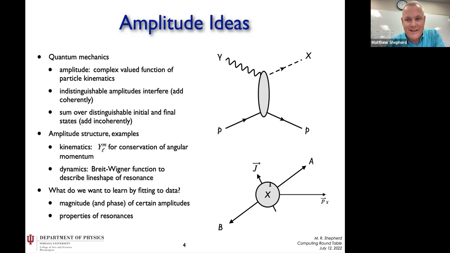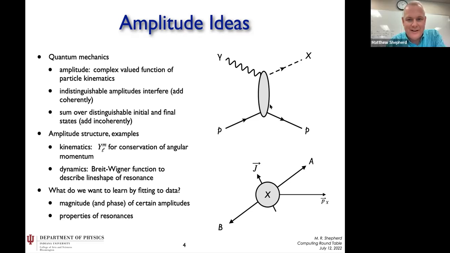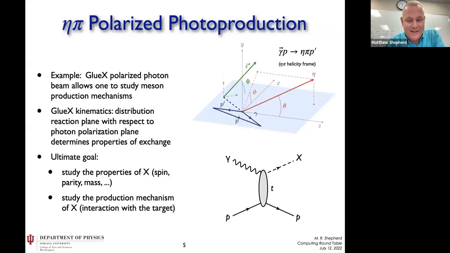The goal is to take a big set of experimental data and then learn about what's going on internally in these blobs. What's the internal amplitude structure? Because that really gets at the underlying physics. What's the probability that a certain exchange happens with the target, or what are the properties of the resonance X? To give you a very specific example, we can look at some actual data from GluX.